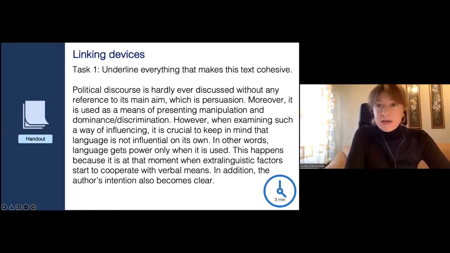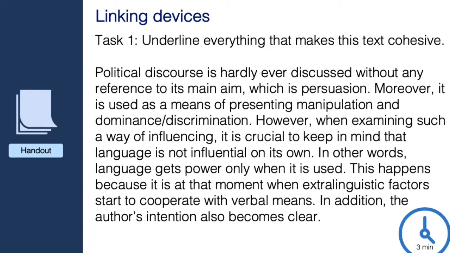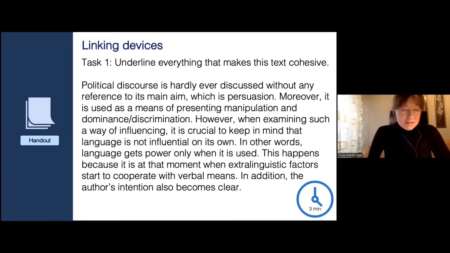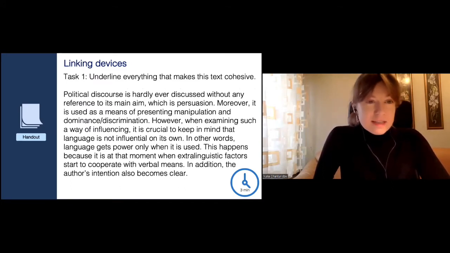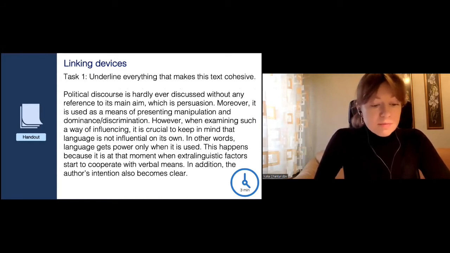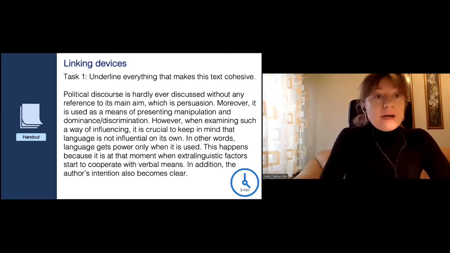So all the things that connect ideas in this text. And I should say that the text is very illustrative, as it has a variety of linking devices used in it. So let's now compare what we have underlined. And at the same time, I will remind you of the classification of the ways to connect ideas.